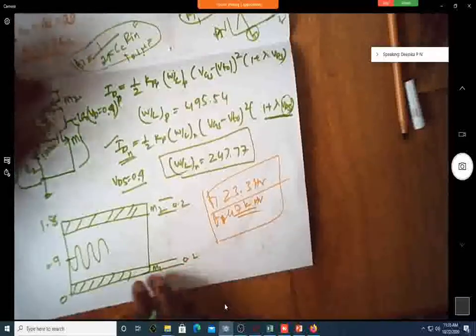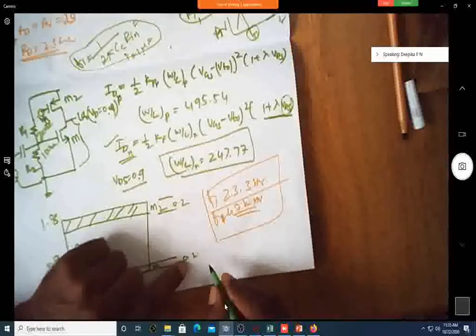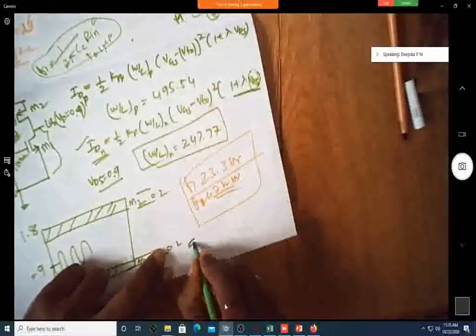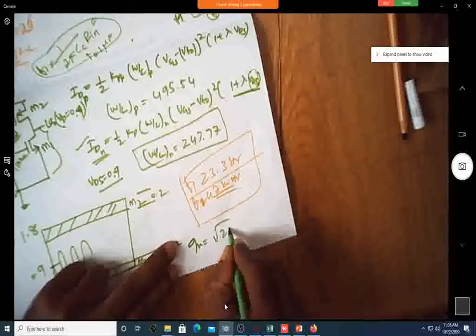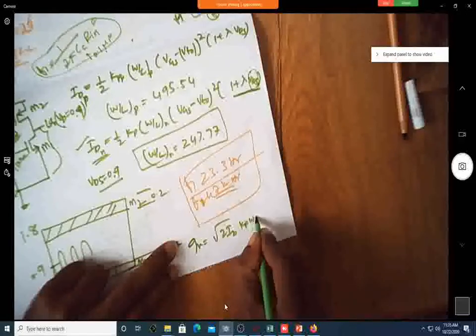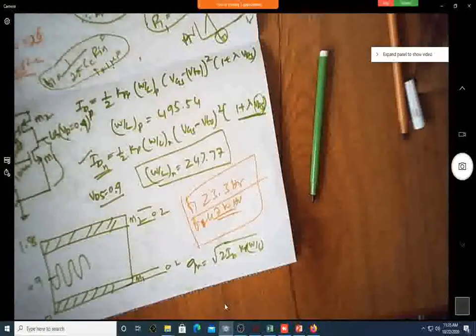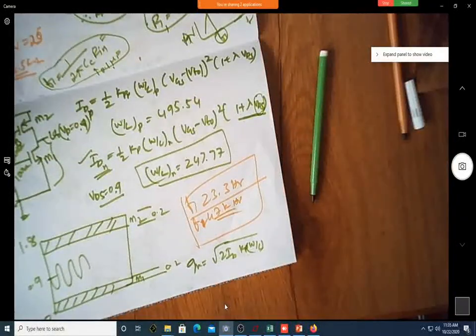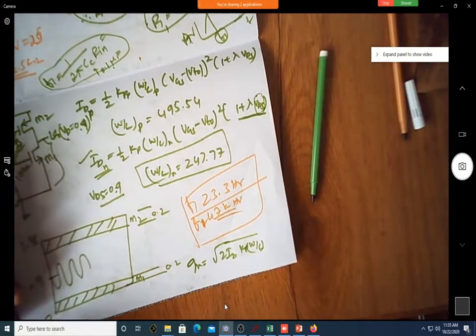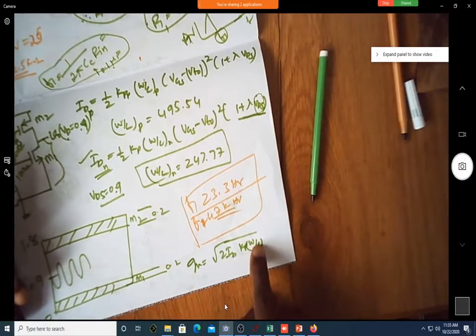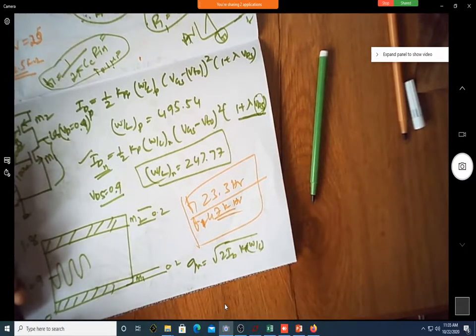Can I write it as GM is equal to square root of 2 ID Kp W by L? Can you do that? How much is that? 2 into 1 exponential minus 6 into minus 3 into how much is Kp? 200 exponential minus 6 into how much is W by L? 247.